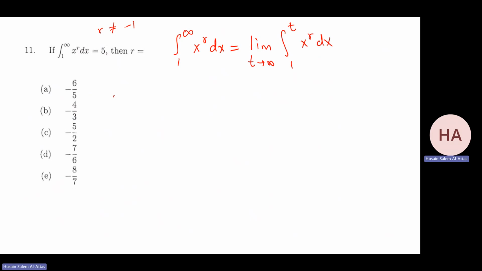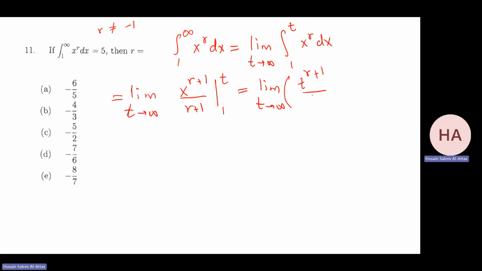And what is that? Since r is not equal to minus 1, I can apply the power rule for integration, which is x to the power r plus 1 over r plus 1, from 1 to t. That gives me the limit, t goes to infinity, of t to the power r plus 1 over r plus 1, minus 1 over r plus 1.